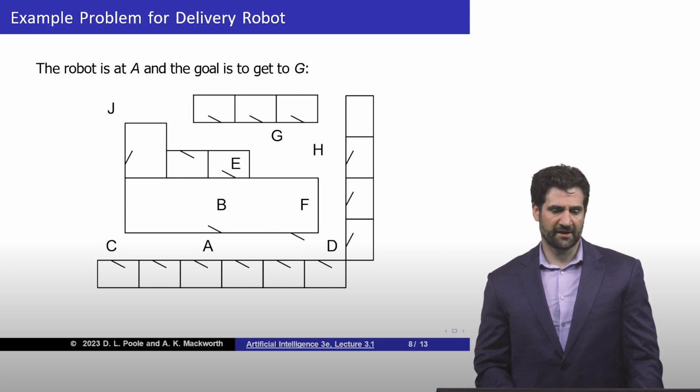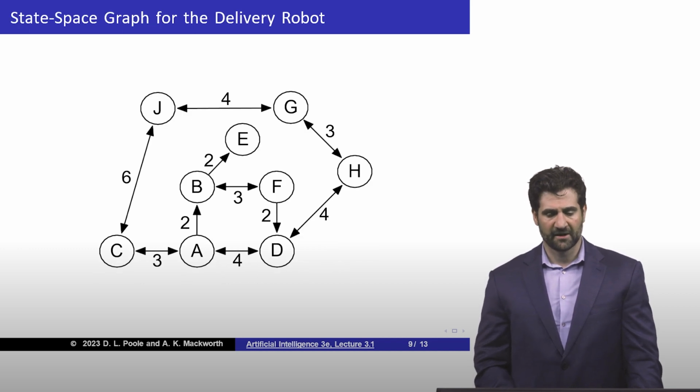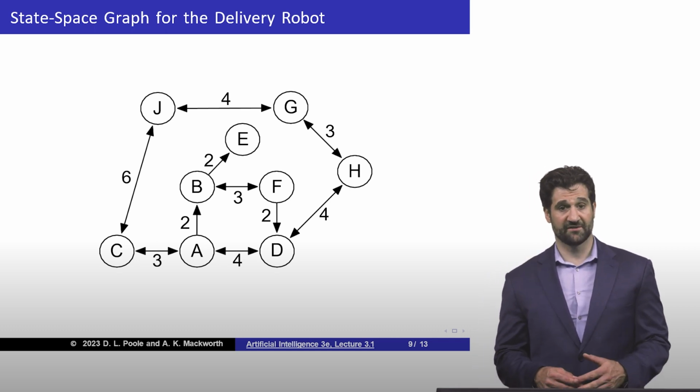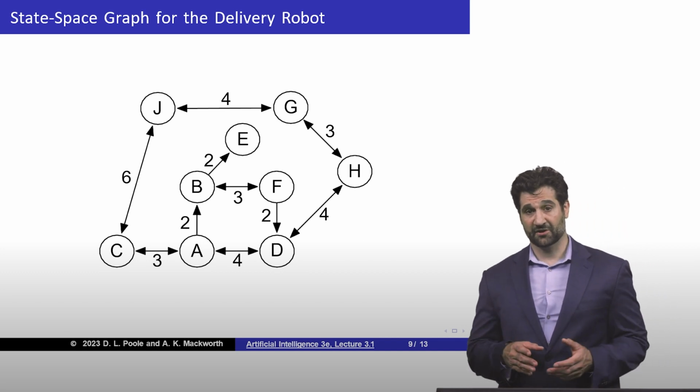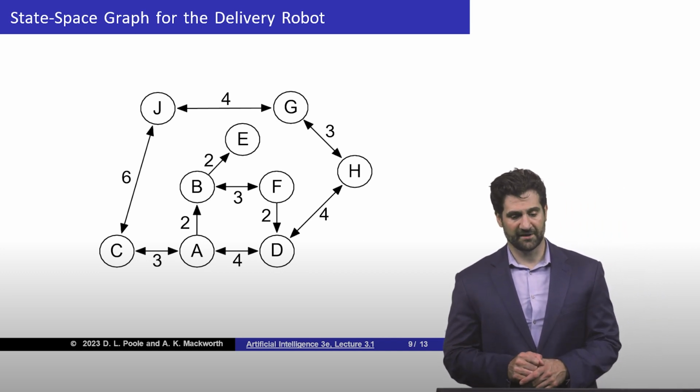Okay, so getting back to this example problem. Again, the robot is at A and it wants to get to G. We can look at the series of relationships among the states, where the state is defined as, in that picture, what location is the robot in.